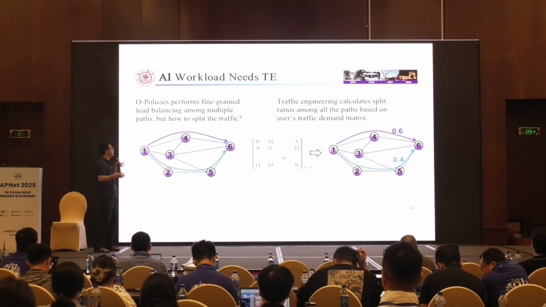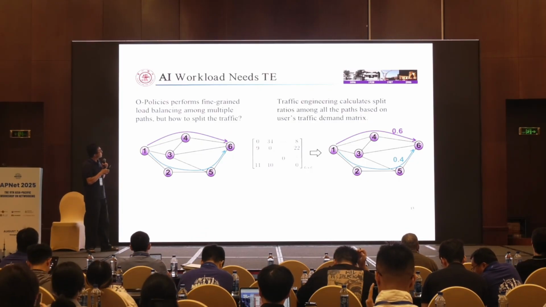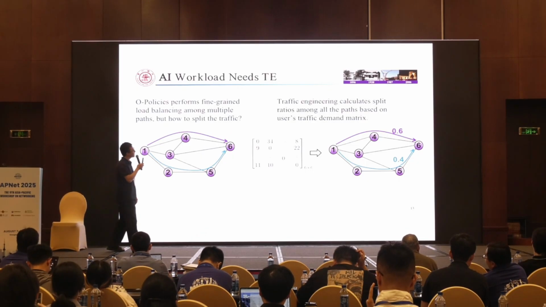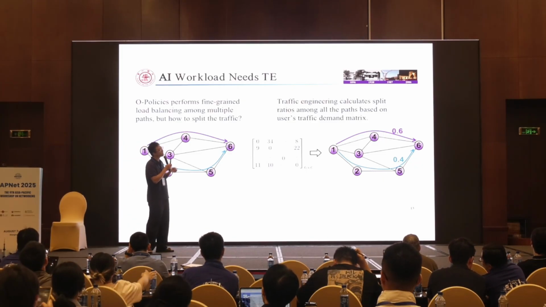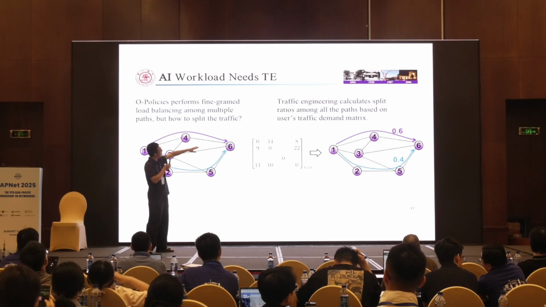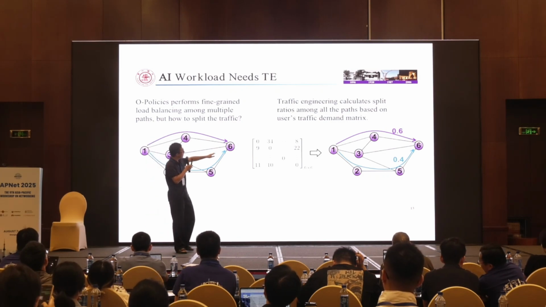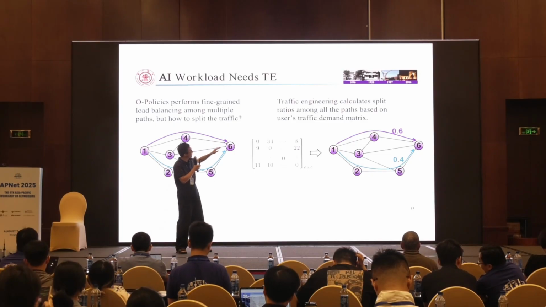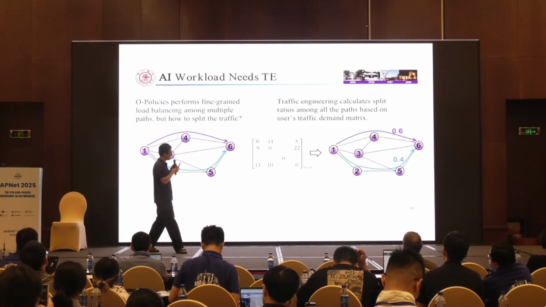But how to split the traffic among multiple paths? One optimized strategy is traffic engineering. Basically, given a traffic matrix, you compute what fraction of traffic should be split among different paths.